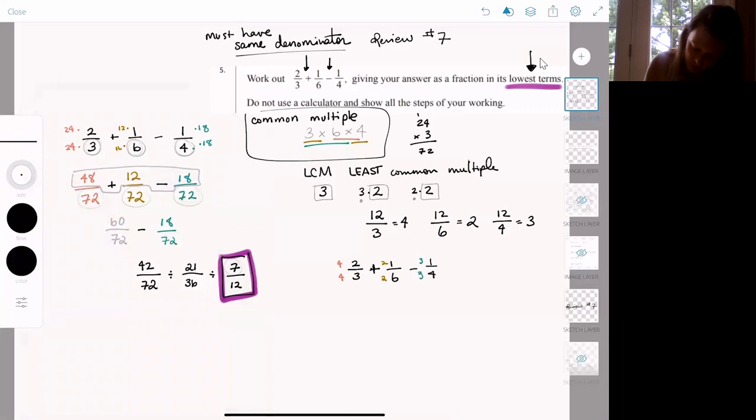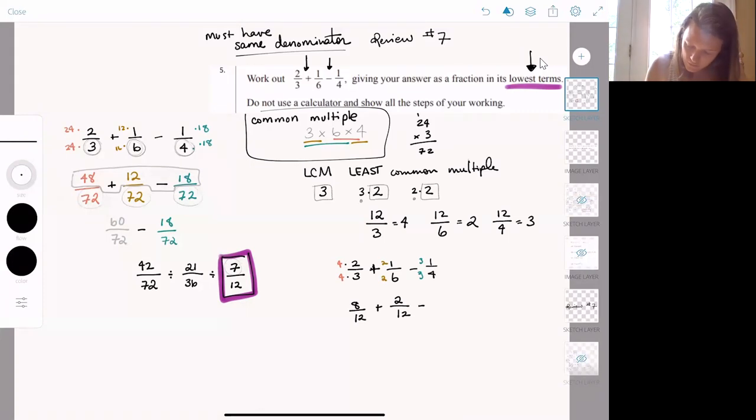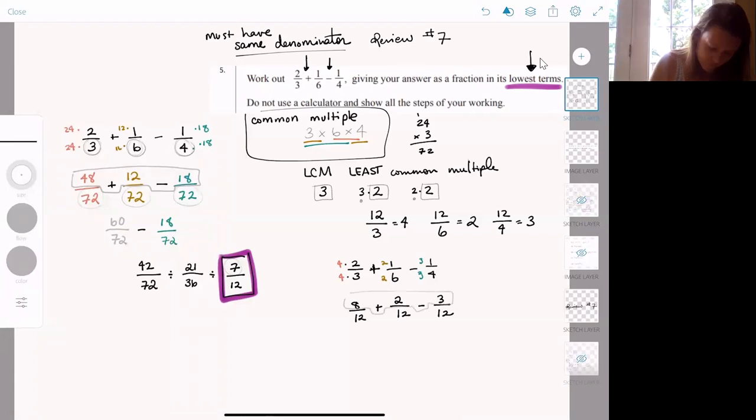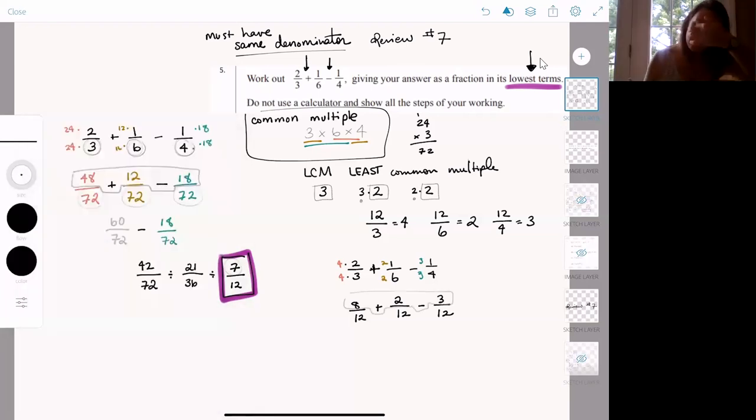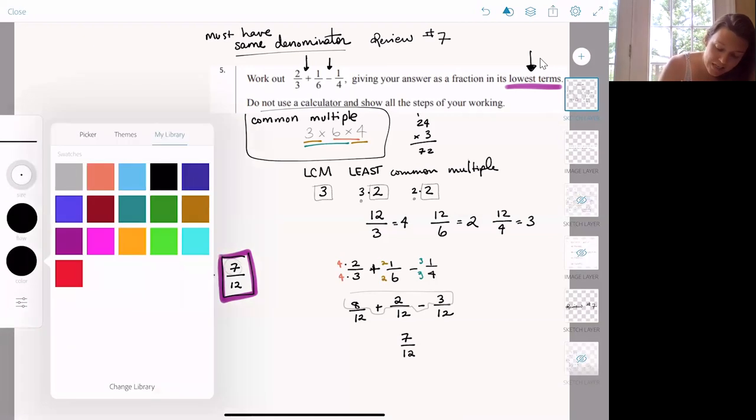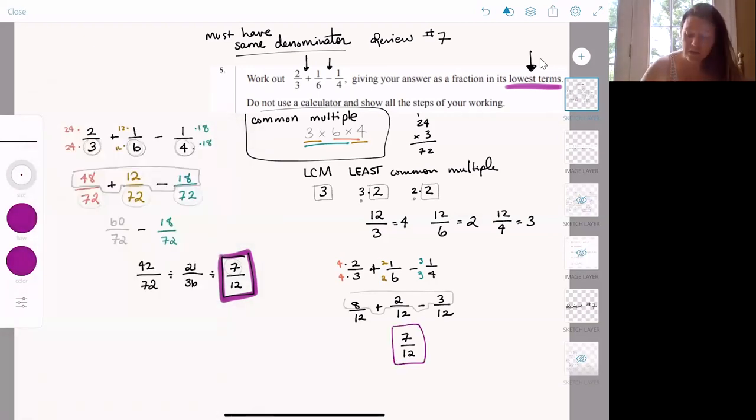So that's going to give me 8/12 plus 2/12 minus 3/12. And then we go back through the exact same method. 8 plus 2 is 10, minus 3 is 7, and we keep the denominator. So you can see I get the exact same answer in the end.